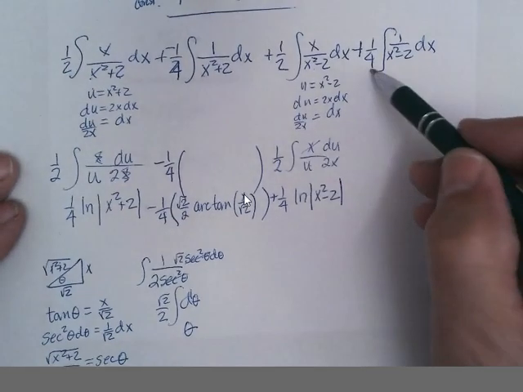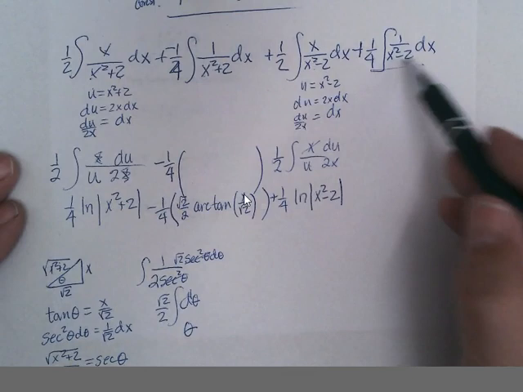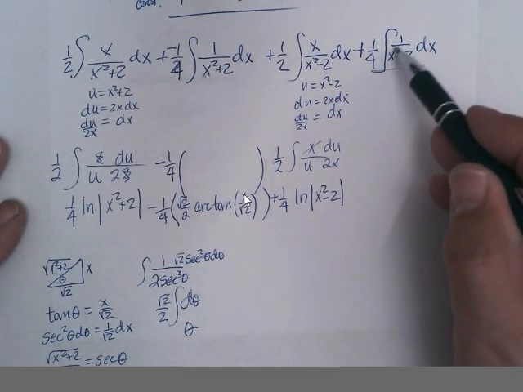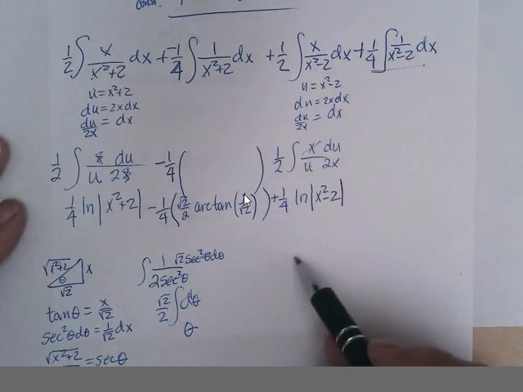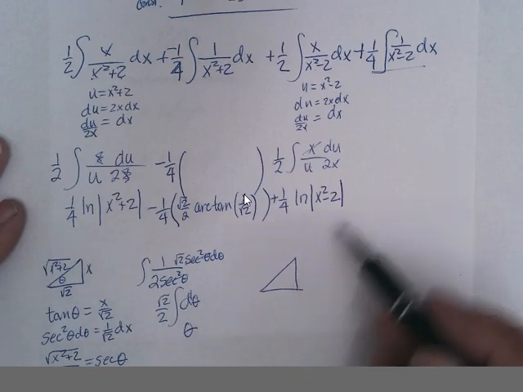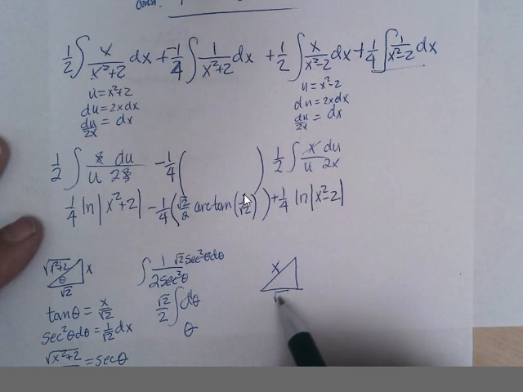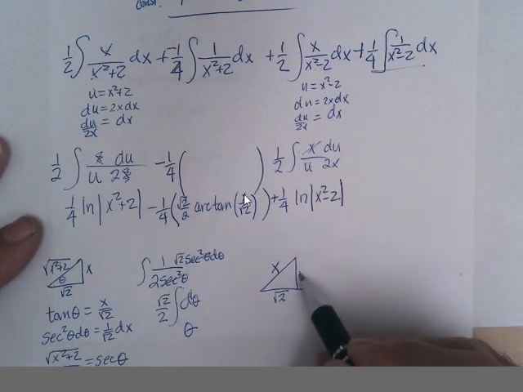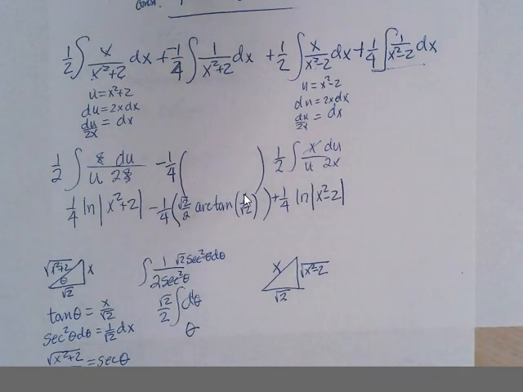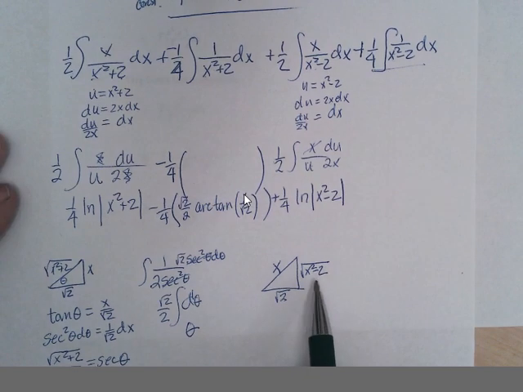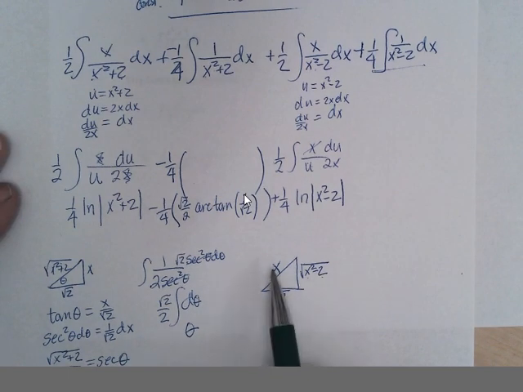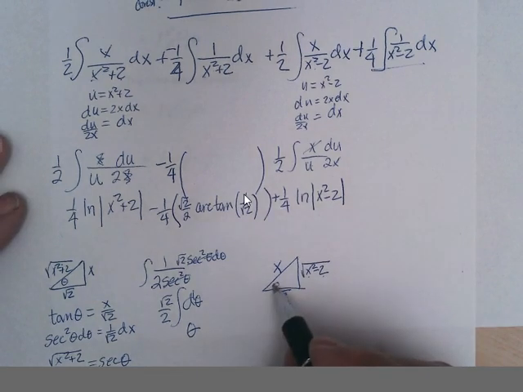Now this one, we haven't done many of these. The positive part of this is there, so that has to go on the hypotenuse, so that's x. So we're going to put the square root of 2 here, and so this side becomes the square root of x squared minus 2. To get it to be x squared minus 2, as opposed to 2 minus x squared, that could be the x over here, but this has to be the other way around.